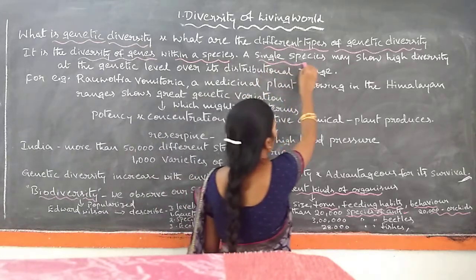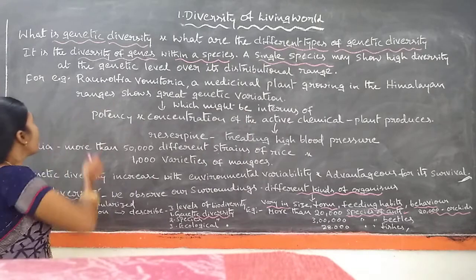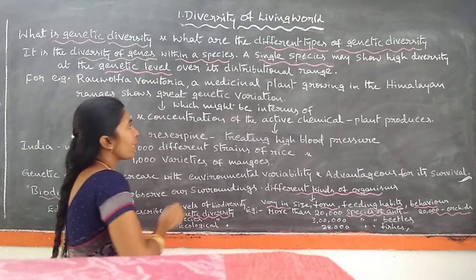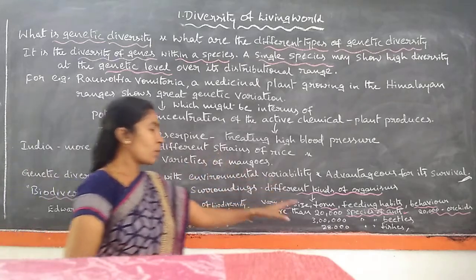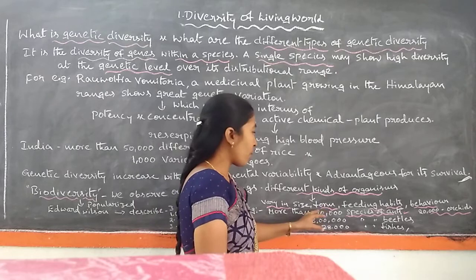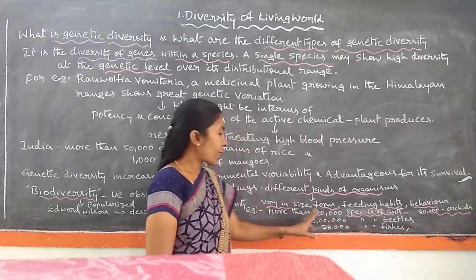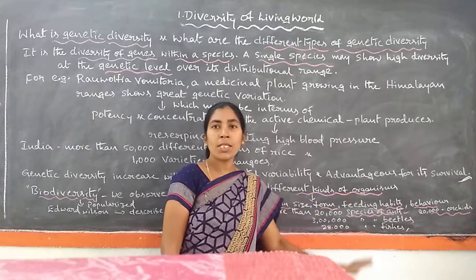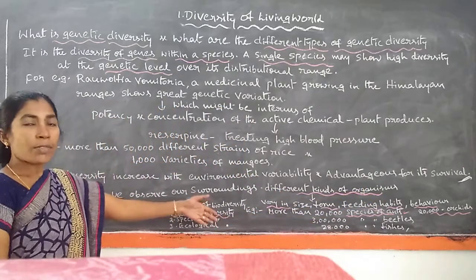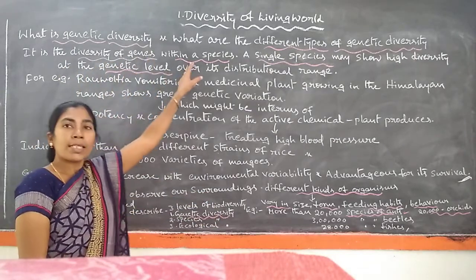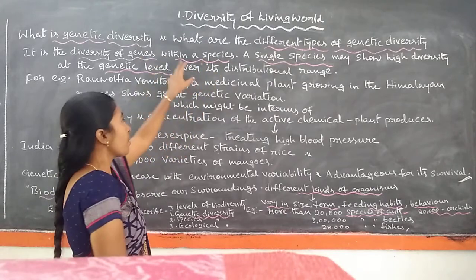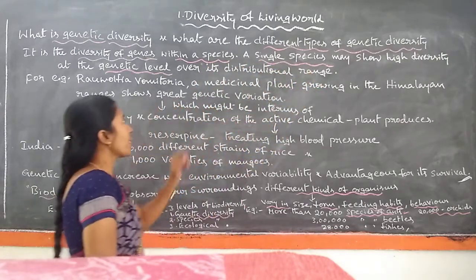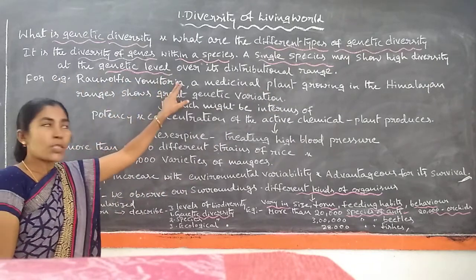A single species may show high diversity at the genetic level over its distributional range. In our examples, 20,000 species of ants, 3 lakh species of beetles, 28,000 species of fishes, 20,000 species of orchids, this is diversity within a species.